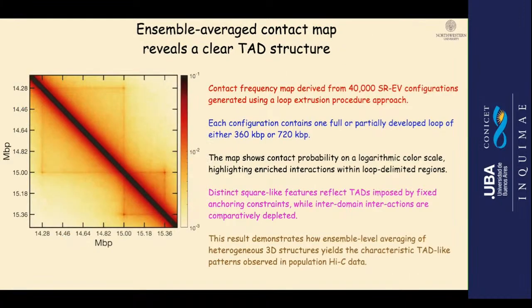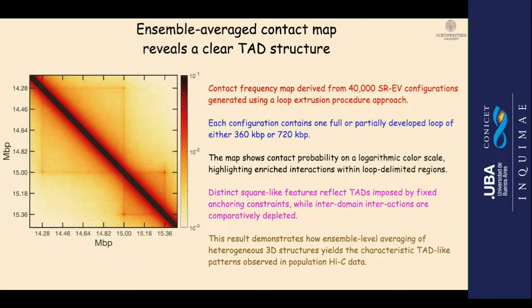We look at the ensemble average of the contact map built from 40,000 3D self-returning excluded volume configurations.